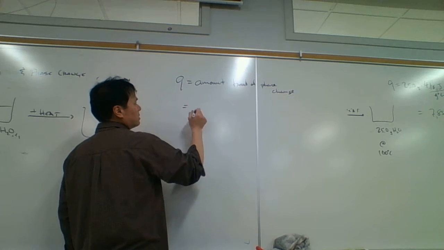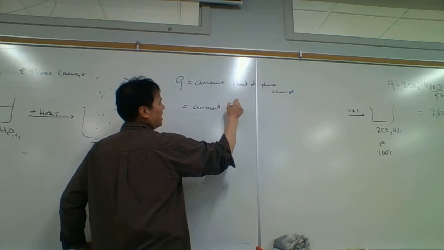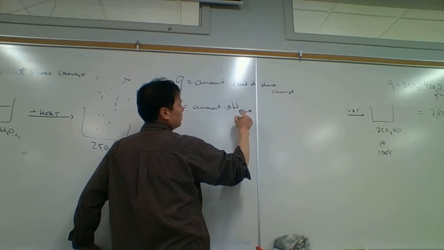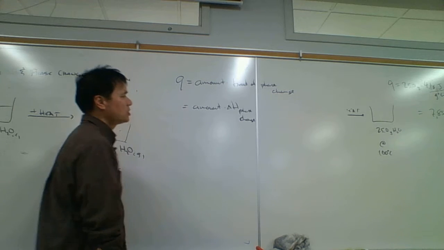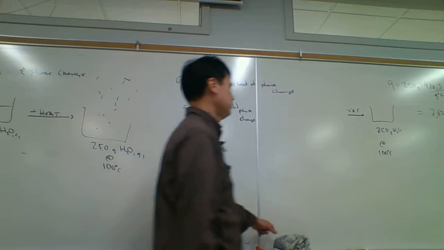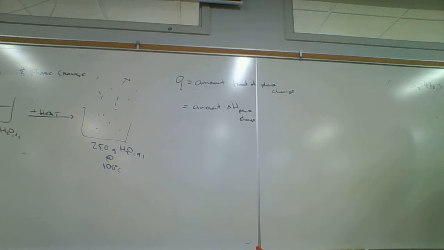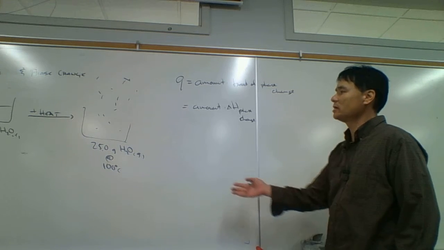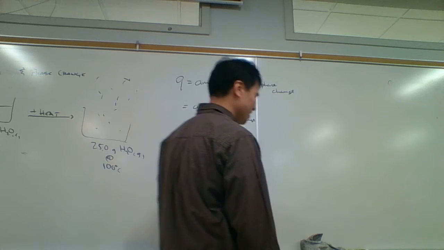In other words, it's going to be the amount times delta H of the phase change. And the phase change could be vaporization, which is boiling, or it could be condensation, which is the reverse, or fusion, we call it melting, or freezing. Those are the common phase changes. So in this case, we are boiling the water here.